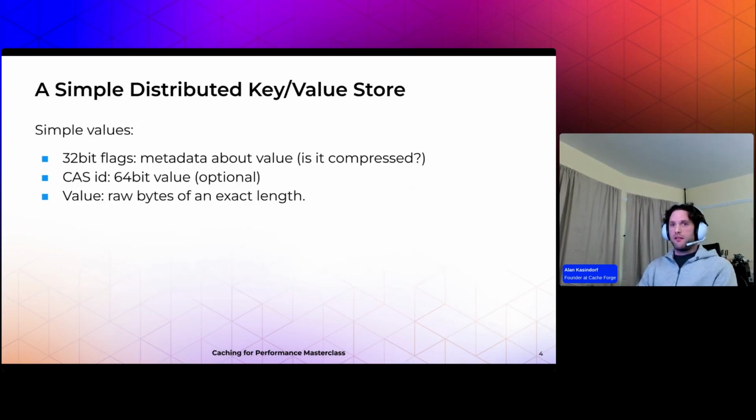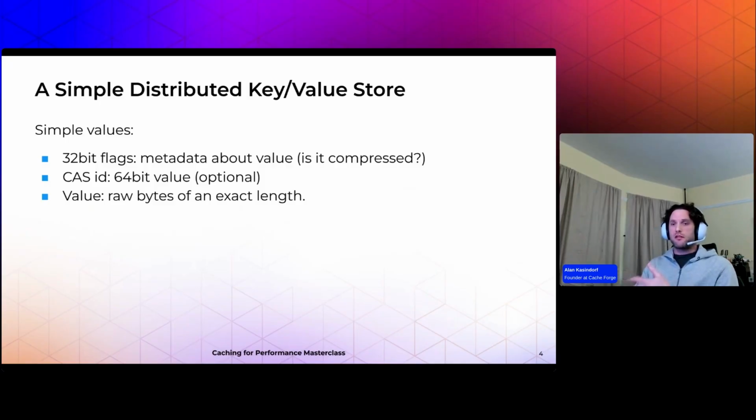So the data you actually store in Memcached, it doesn't really look at it at all, except for the case of incr and decr, obviously, where we need to look at that number, then increment it or decrement it. The values are just flat bytes. We have a little bit of metadata outside of that. We have 32-bit flags that are part of the protocol, but not actually part of the value.